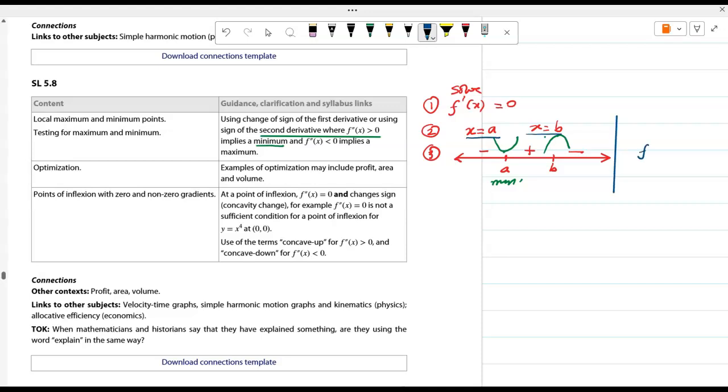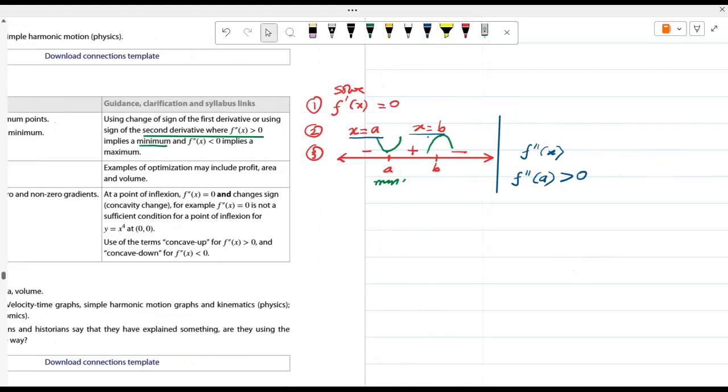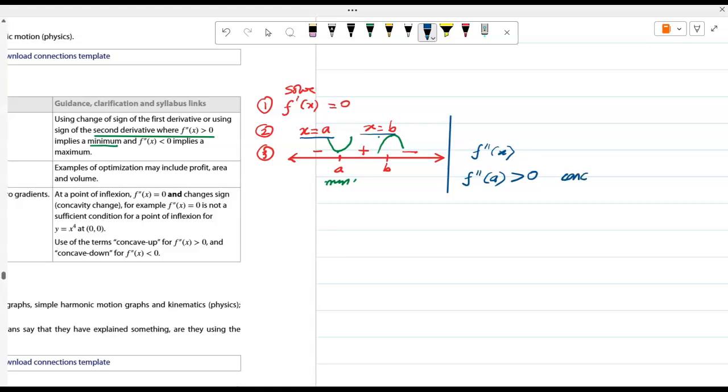You do one more step, you find the second order derivative of the function and put your a in that. If it comes out positive, it means it's concave up, and therefore it's a minimum. And if f double dash a is negative, it's concave down and it's a maximum.